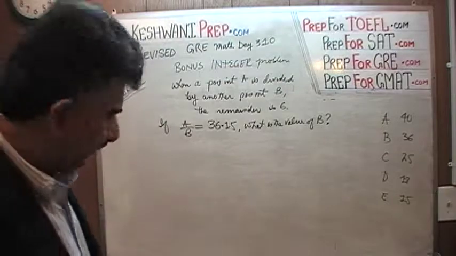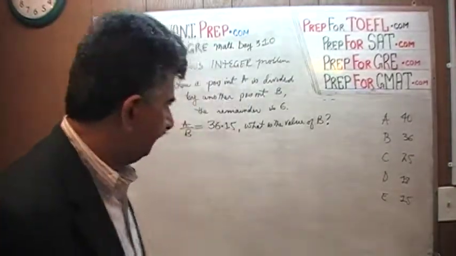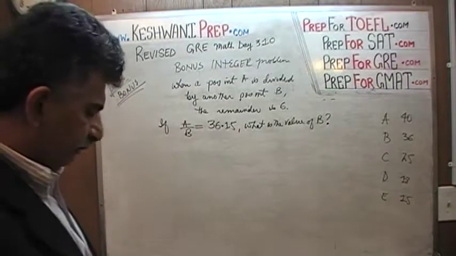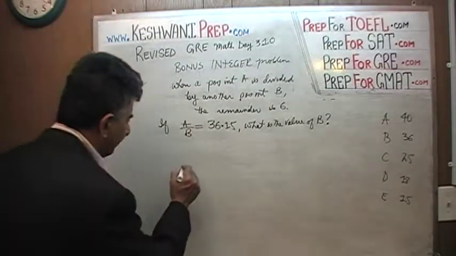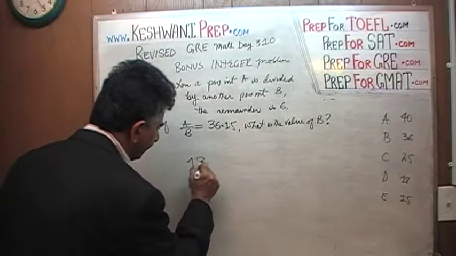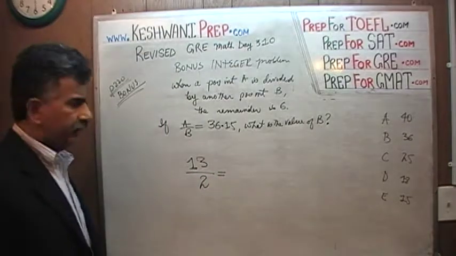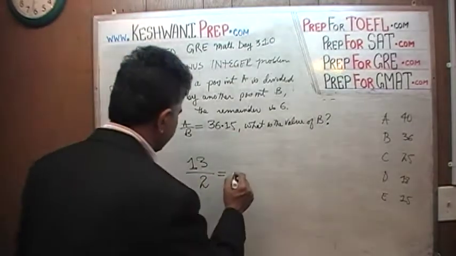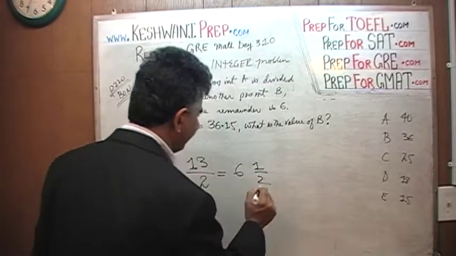Now, here's what's going on. Let me give you a simple example first. For example, 13 divided by 2, we know, equals 6 and 1/2.